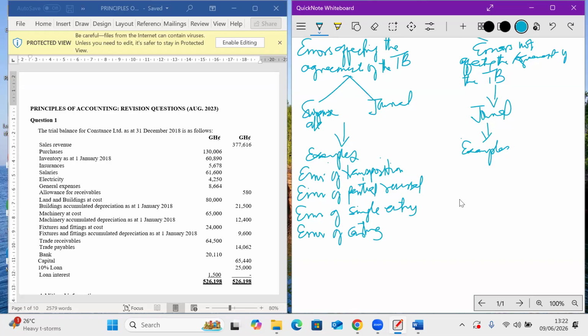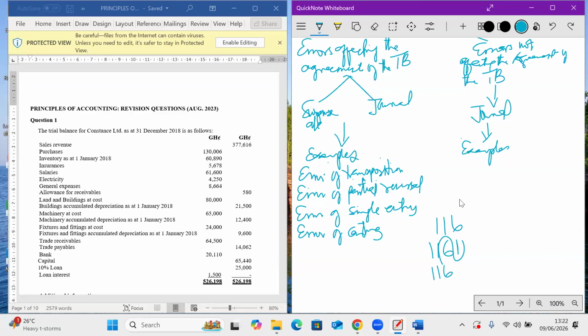The first one, it should be 116. Then it was mistakenly written as 161. We have to transpose. Trans means change position. So change the positions. So we bring 1 here. That's transpositional error. Error of partial reversal. We have to reverse the transaction. We reverse partially, not fully. Okay.